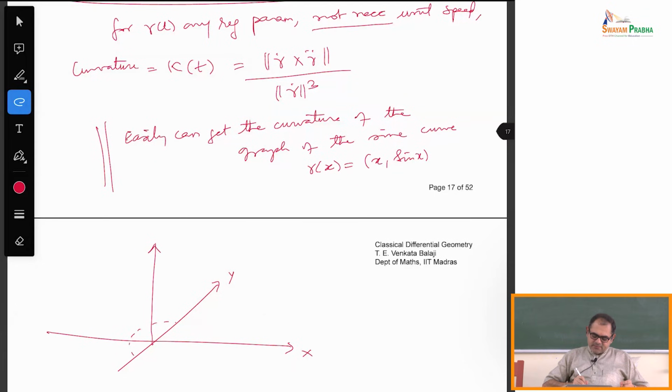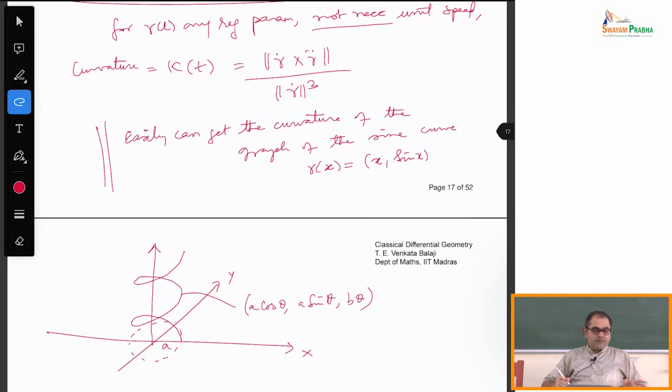There is a base circle of radius, let us say, a, and your helix is winding like this. The parametric equation of the helix is given by a cos theta, a sin theta, b theta, where theta is a real variable.